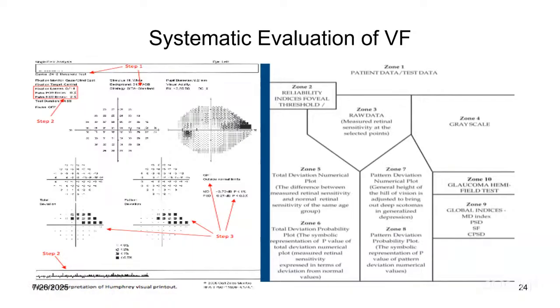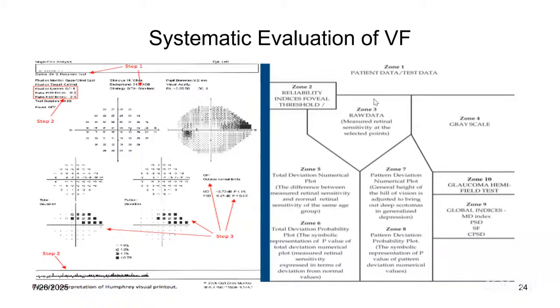So first is the patient data and the test data, which are very important. Like we said, this automated machine has age control data input in it to help in comparing the patient you're testing with the assumed normal data that this machine has.